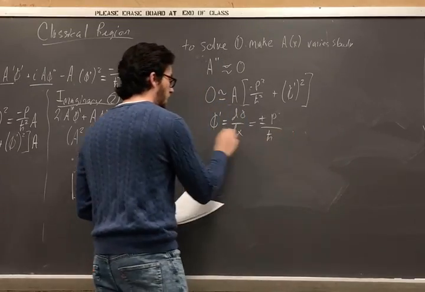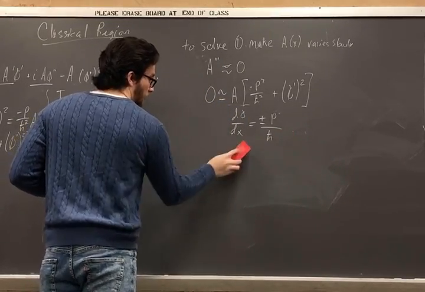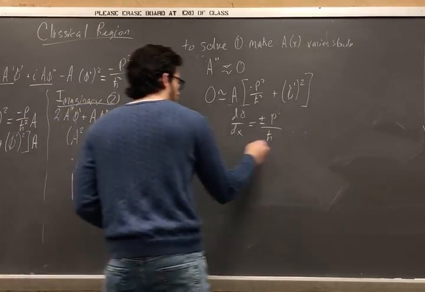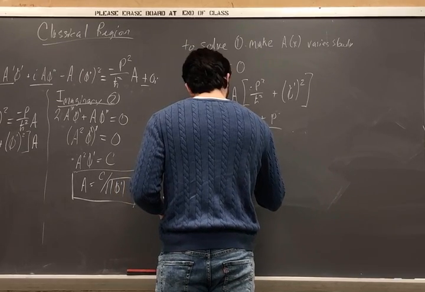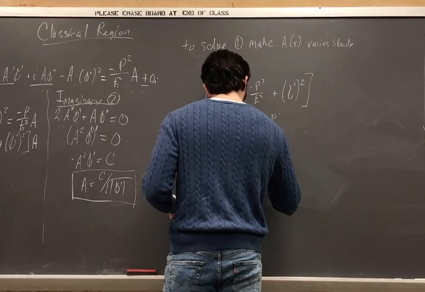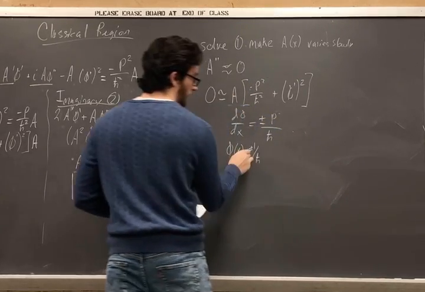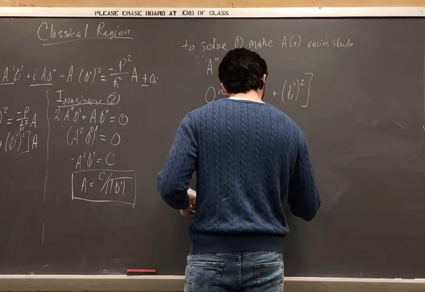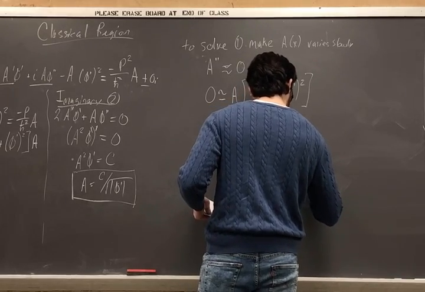Now, what do we do from here? Again, you guys might remember this from your differential equations class, but it's pretty easy to solve from here. We just integrate both sides, and we get phi of x equals 1 over h bar, plus or minus, and let's pull that out of the integration, p of x dx.